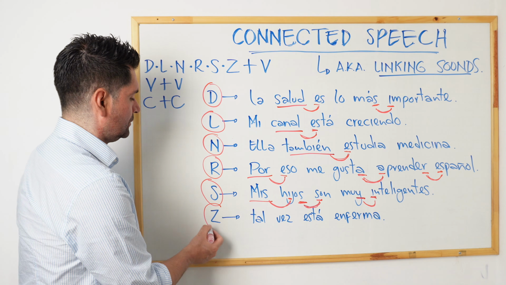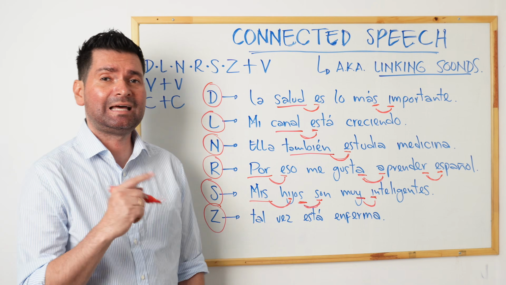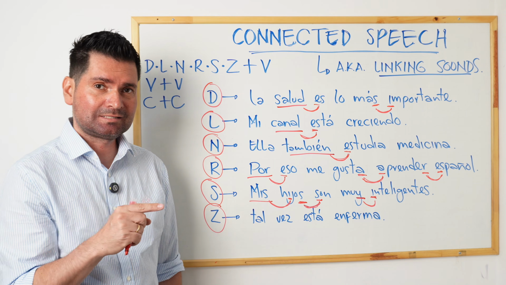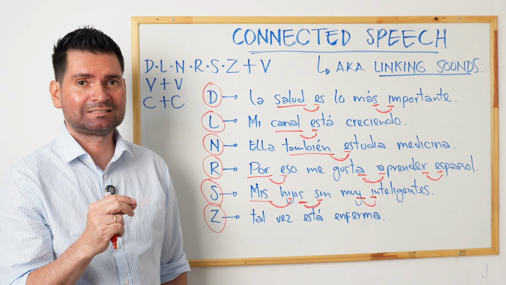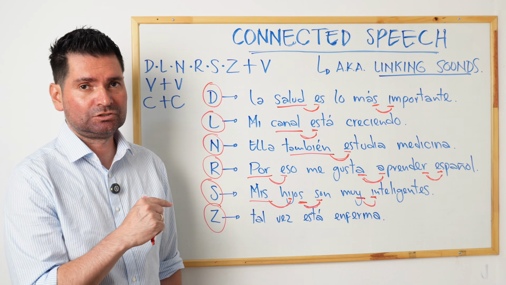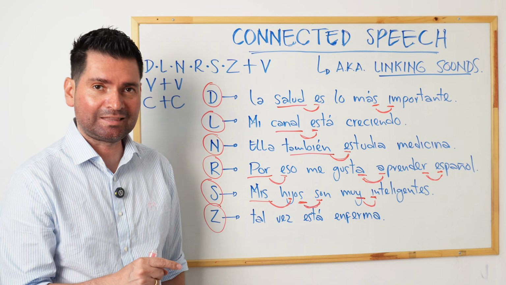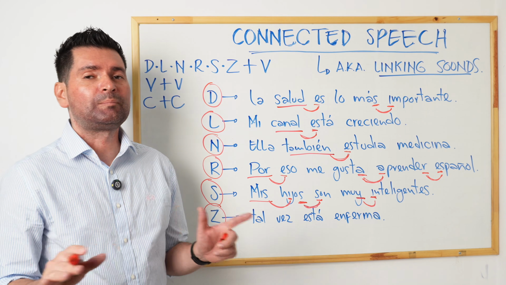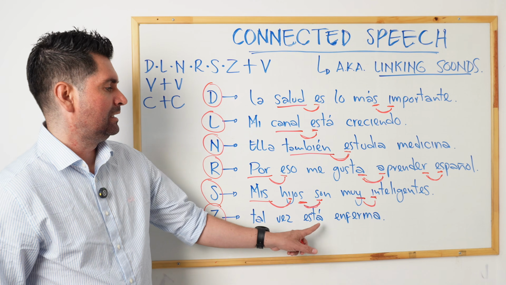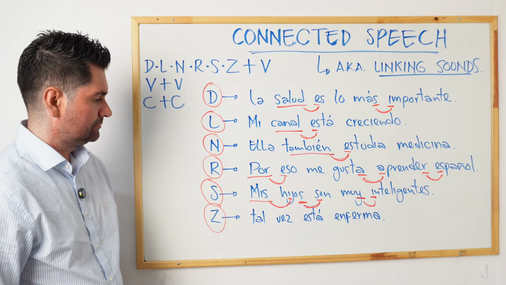And then let's go to the Z. Remember that in Latin America, the Z is pronounced like an S. But in Spain, they pronounce it like a TH in English. So it's Theta. We're practicing Latin American Spanish here. So, tal vez está enferma.